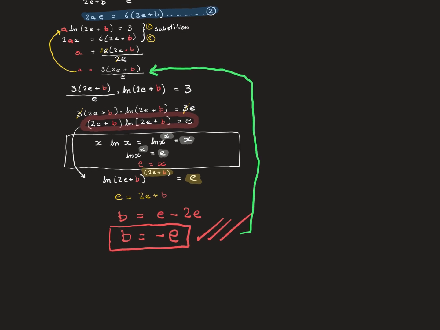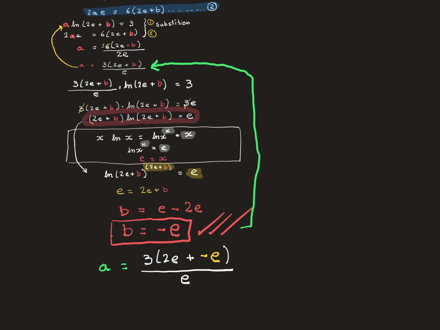So a now is equal to 2e plus b, and b is now going to be minus e because we just found that, all over e.